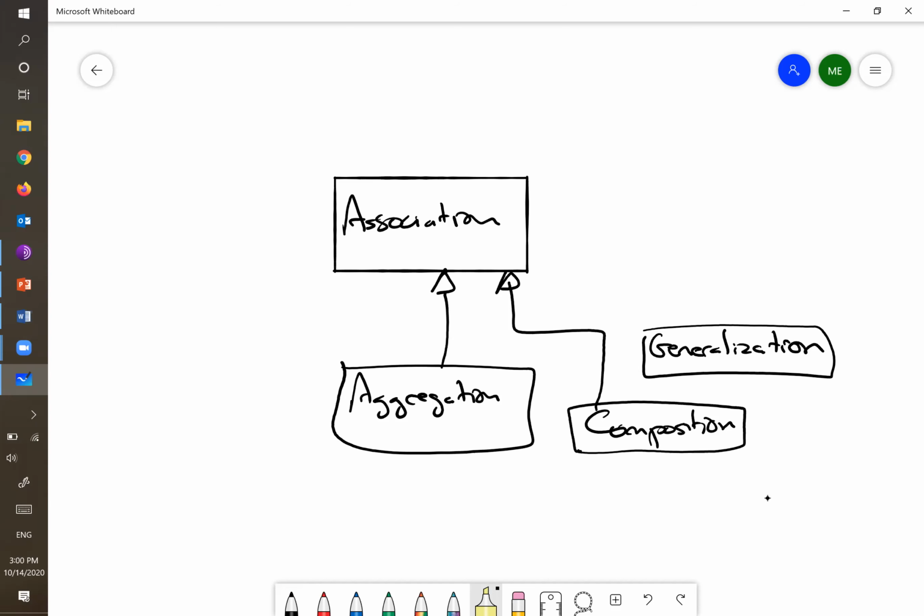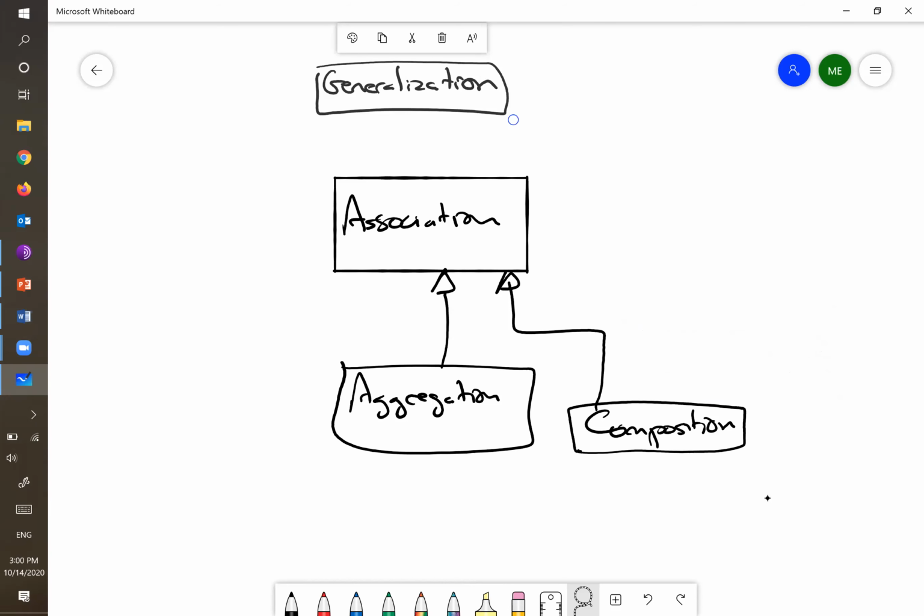Generalization above association, as in, association is inheriting from generalization. Is that what you mean? Okay. Do you feel like this is right? I mean, if we do this, which one actually is saying more?